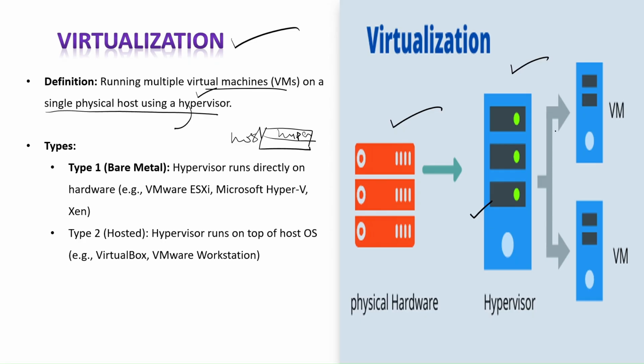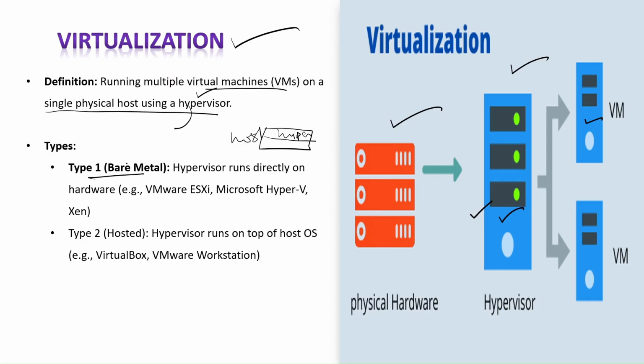On that hypervisor, you can then have multiple VMs. Each VM has its own operating system. It may be Windows, it may be Linux, and you can have tens and hundreds of these VMs on a single host.